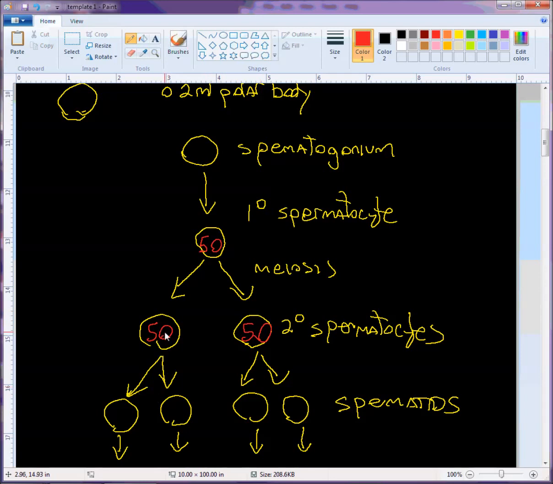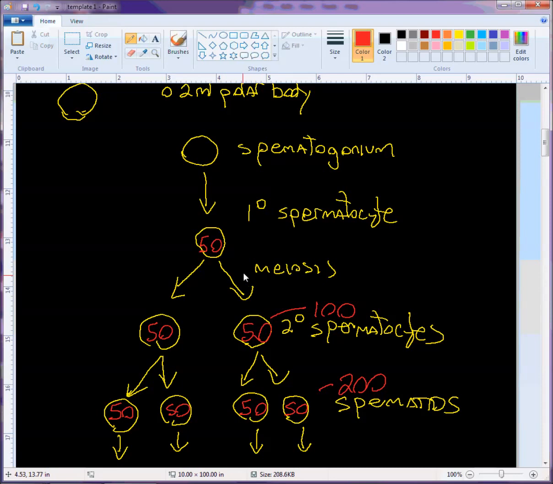Well, okay, so these are each going to divide. So we're going to get 50 of this, 50 of this. This divides, makes 2 spermatids, 50 of this, 50 of this. Okay, so we are going to get 200 spermatids and 100 secondary spermatocytes, starting with 50 primary spermatocytes.